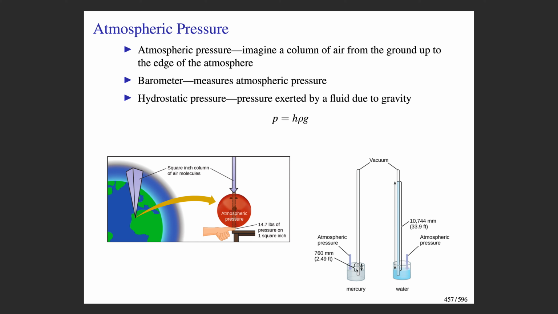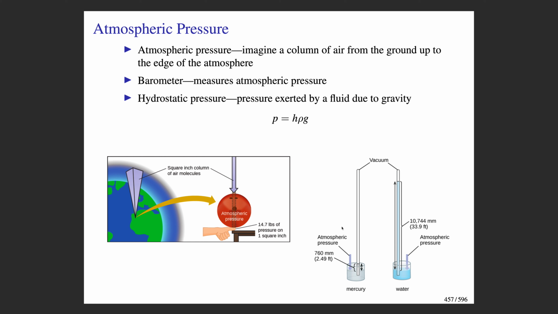So you have an evacuated tube. Okay, so there's no air inside the tube, and then you dip the tube inside a little dish of mercury. And so what happens is the atmosphere pushes down onto the surface of the mercury, and that in turn causes mercury to go up inside this evacuated tube.